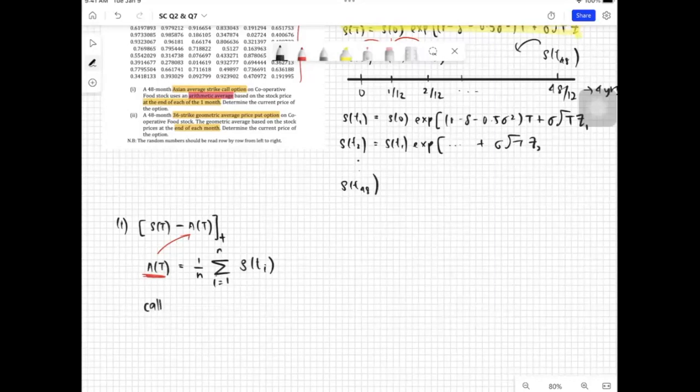This part is a call option, so we want to know the price at time 0, so we have to discount it back to time 0. Now I'll show you guys how to compute this question using Excel.